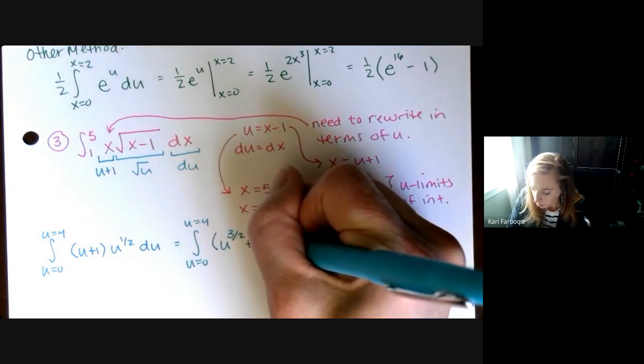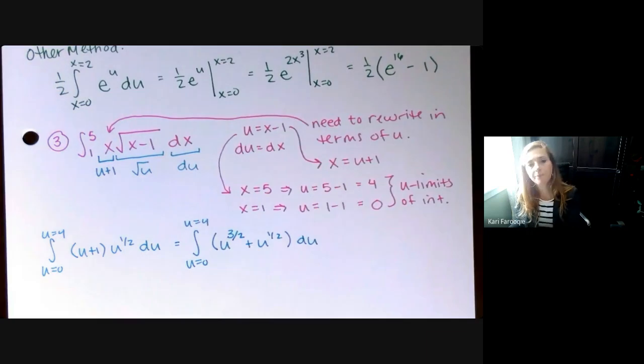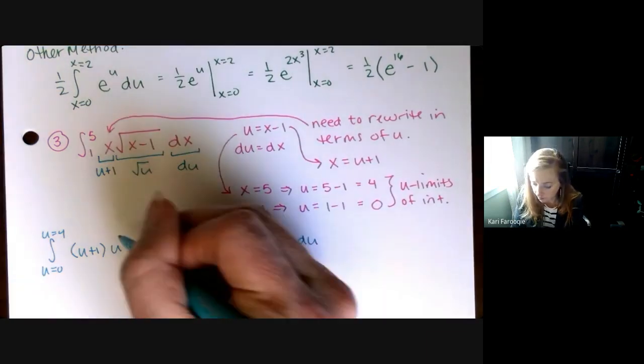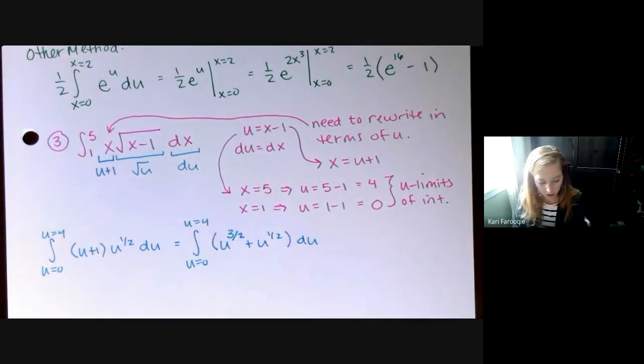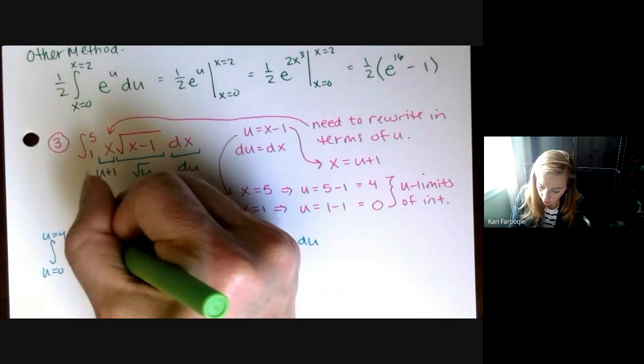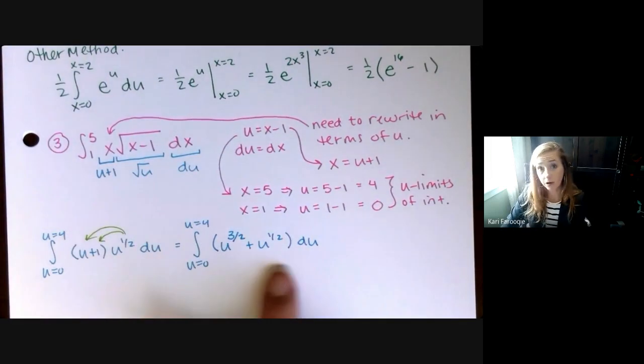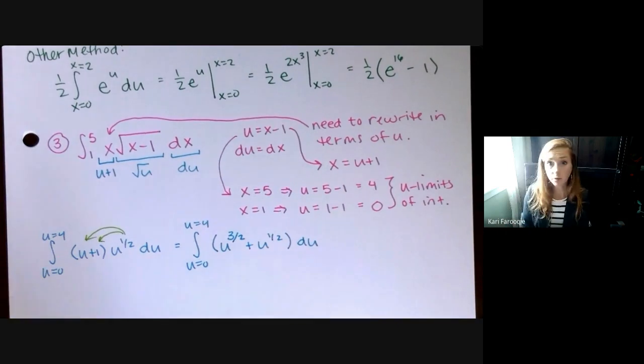And then u to the 1/2 for the second term, du. Okay, so this is getting distributed into your parentheses like so. Get this expression. So now we're going to integrate and then apply the FTC.